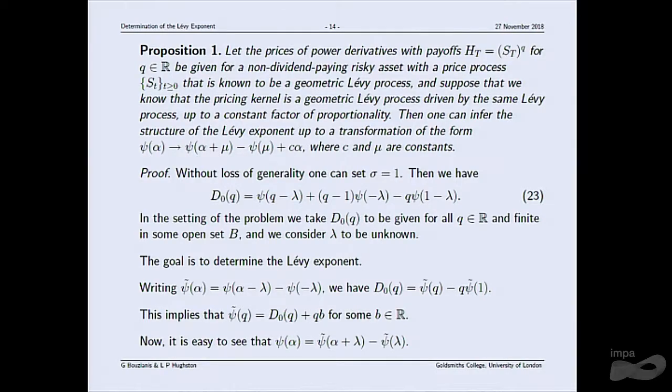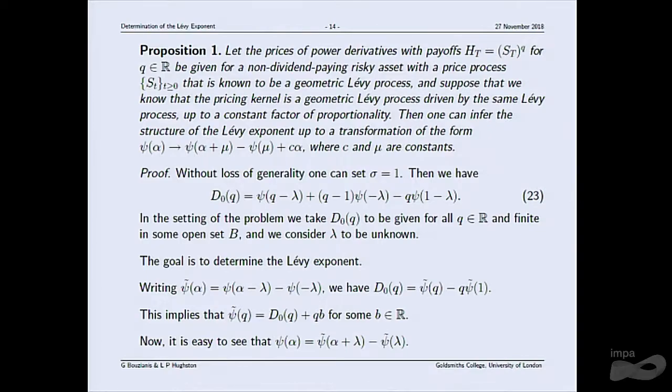Then from the data, one can infer the structure of the Levy exponent completely up to a transformation involving a pair of constants. In other words, if we replace psi of alpha by psi of alpha plus mu minus psi of mu plus c times alpha, where c and mu are constants, then this represents the freedom modulo which the Levy exponent is determined.